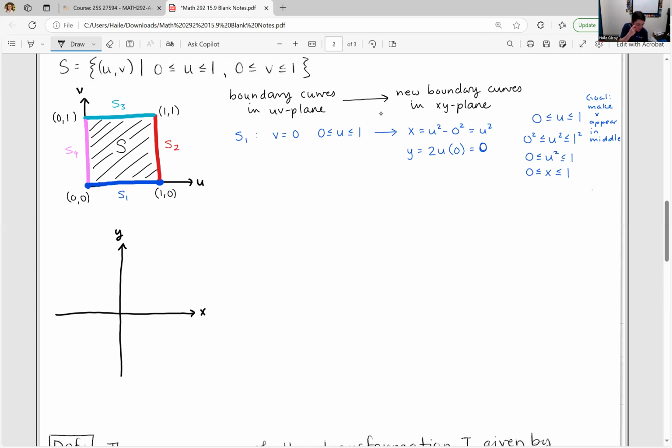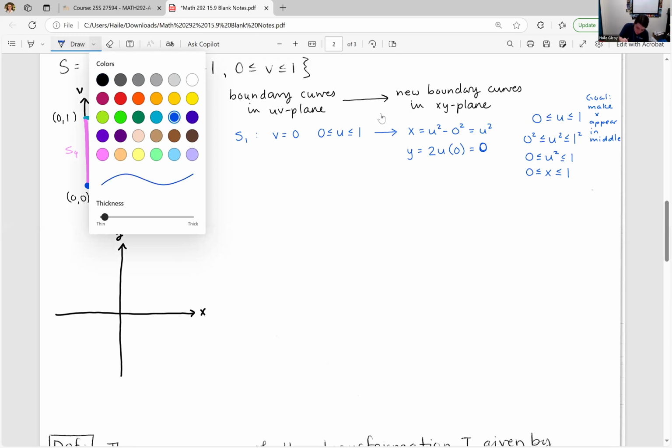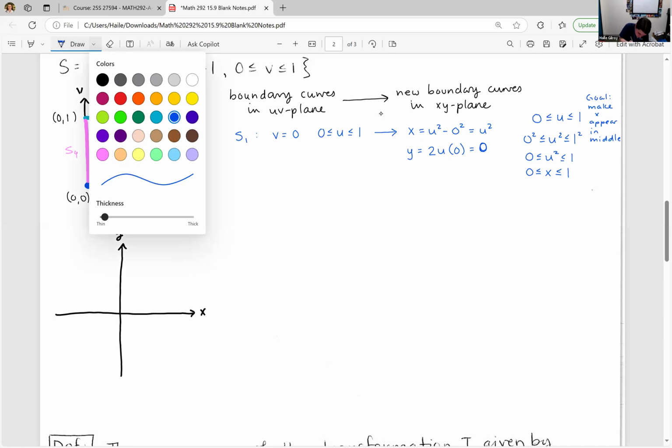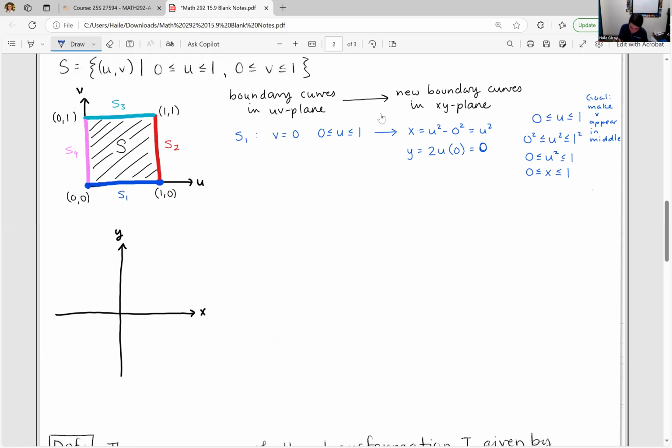If I want to graph this same curve S1 in the XY plane, I know that x lies between 0 and 1, and y is equal to 0. Let's say that again: x lies between 0 and 1, and y is equal to 0.